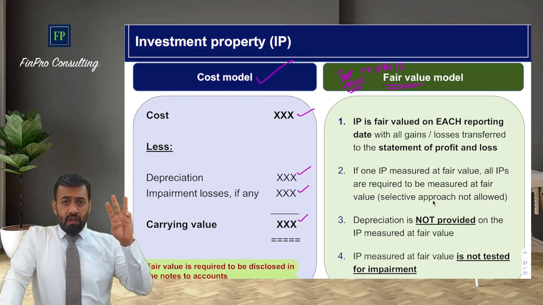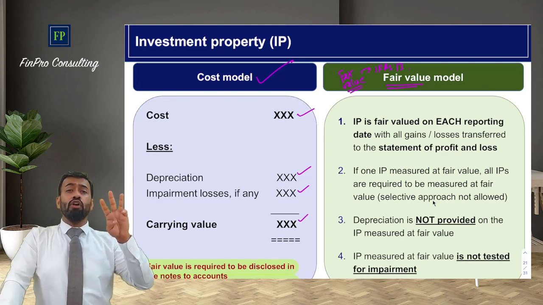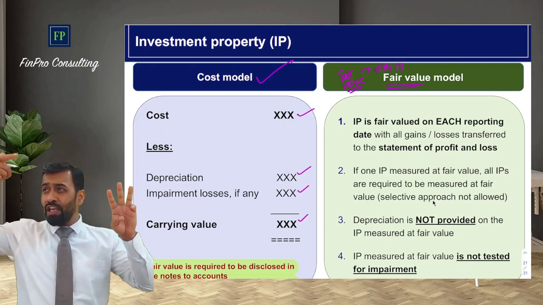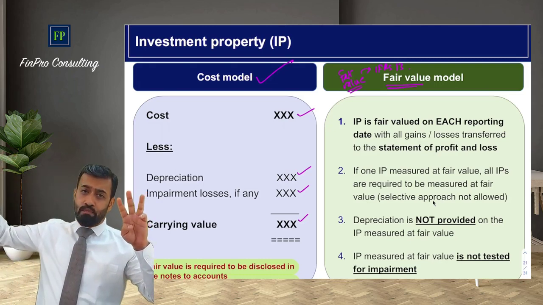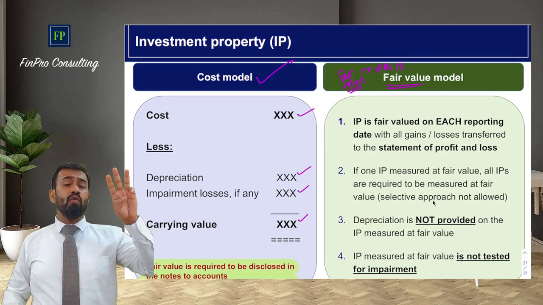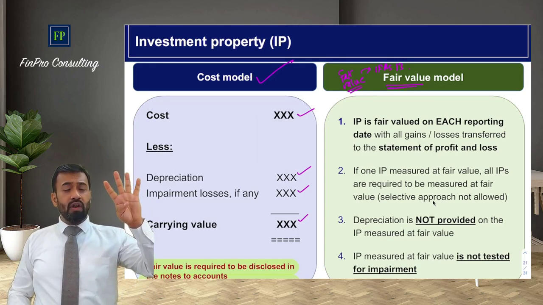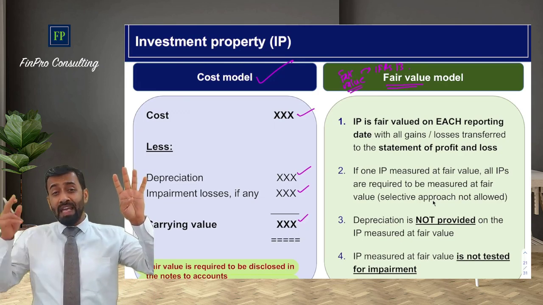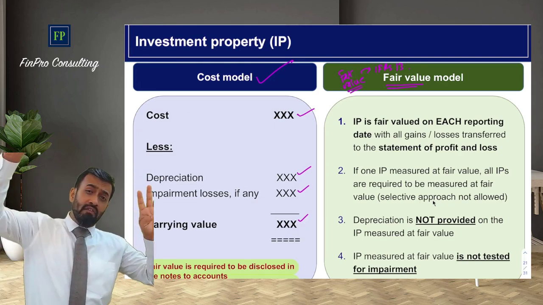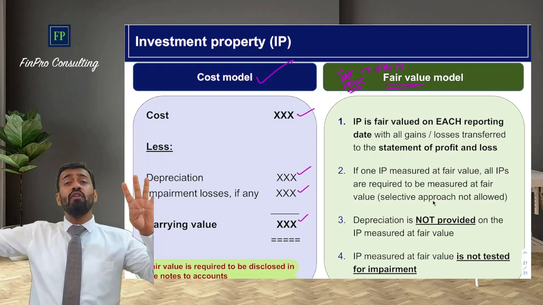Number 3, if you are following the fair value model, because you are fair valuing on each reporting date with all gains and losses to P&L, you are not required to provide depreciation. Number 4, you are not required to test it for impairment because you are fair valuing it on each reporting date.